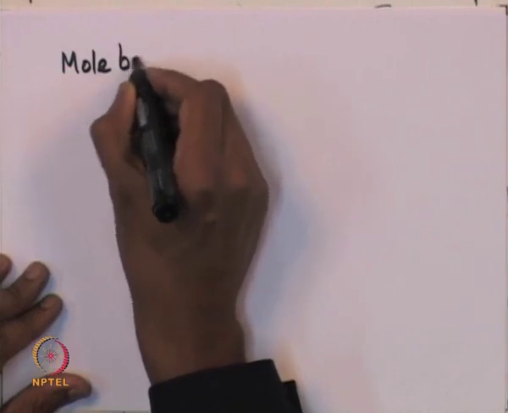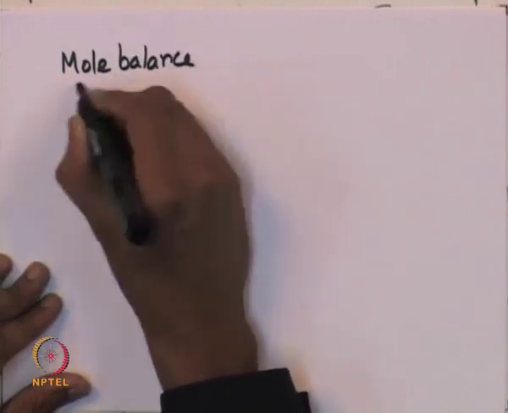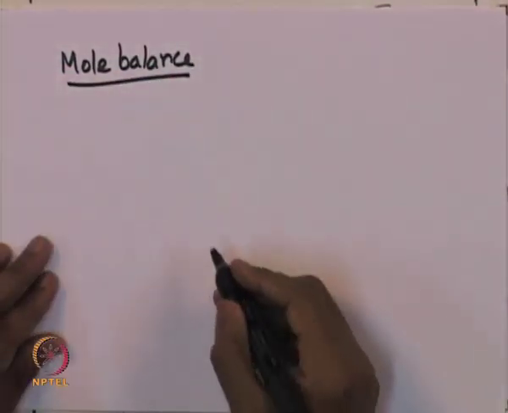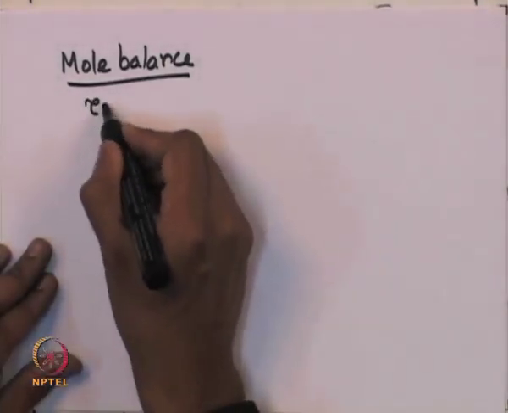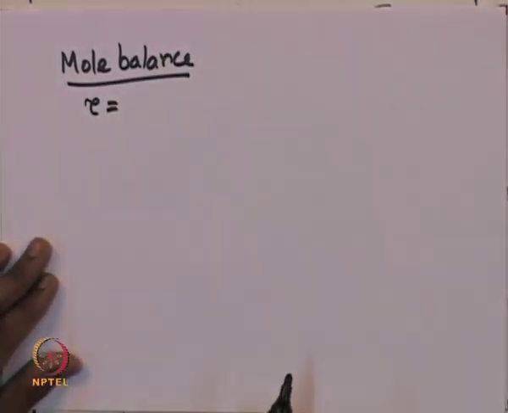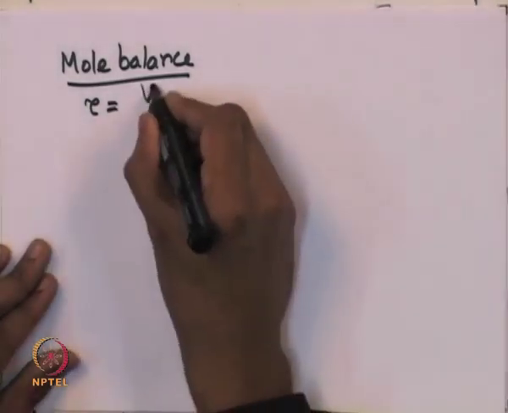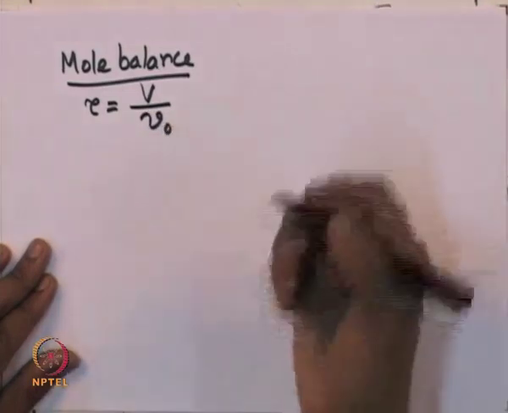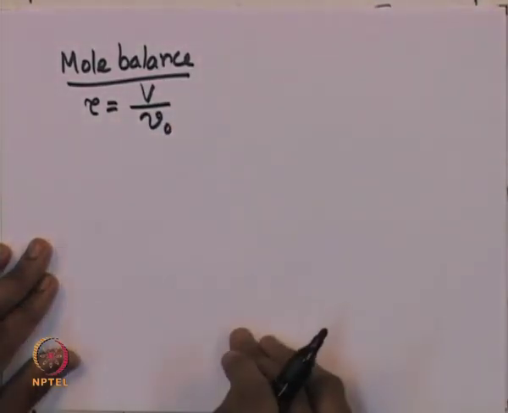So, now, plugging in all these volumetric flow rate expressions in terms of concentrations etc. into the mole balance, we can rewrite the mole balance after defining a residence time tau, which is the time that the fluid element spends inside the reactor, given by volume of the reactor divided by the inlet volumetric flow rate.